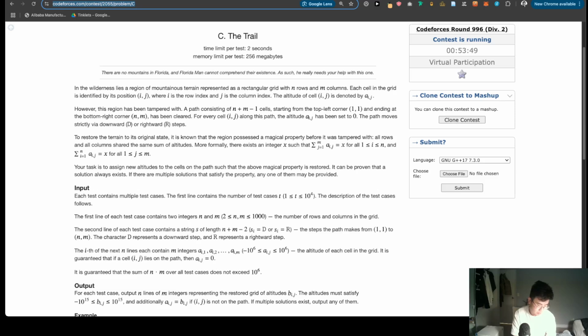And the row respects the sum, and this respects the sum. This could be any arbitrary number. I'm just worried this won't be equal to this.